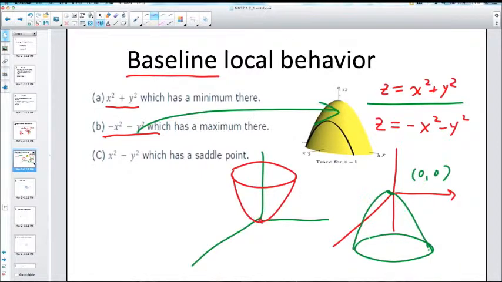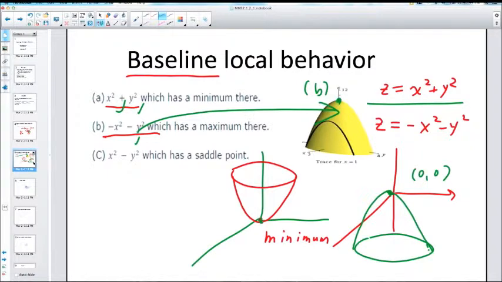So that orange point is the minimum. The first two cases are exactly opposite because the orientation is upside down. For case B, we got the maximum, and for case A, we got the minimum.